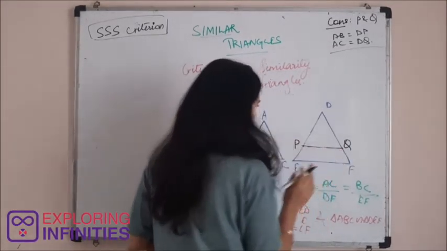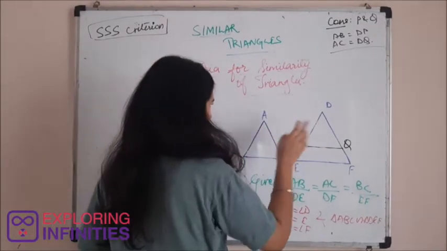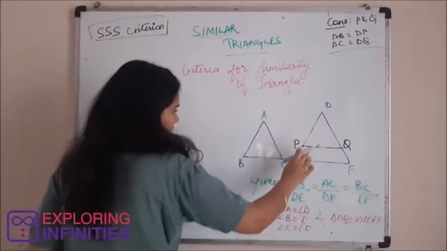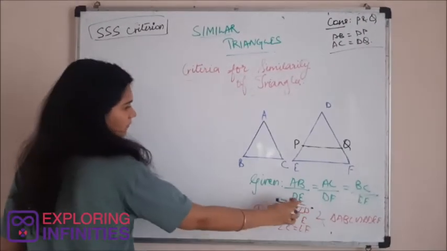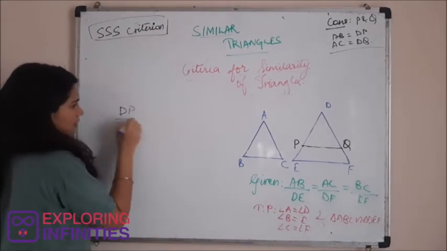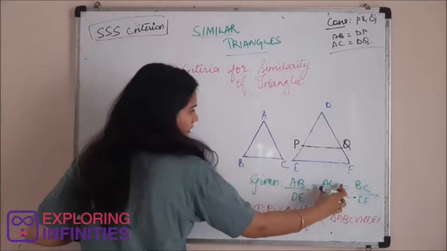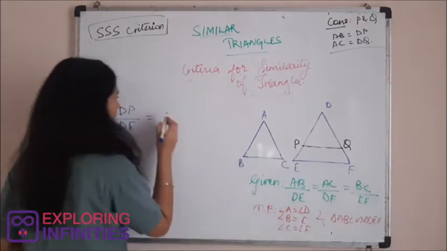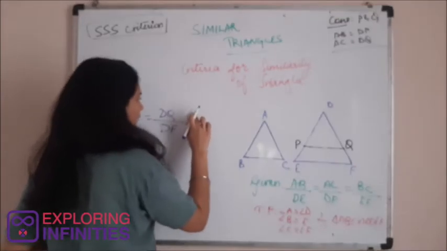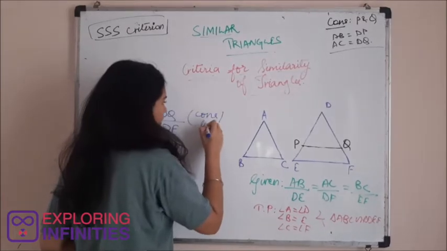Now we already know that AB is equal to DP, so in place of AB we can write DP here. So what I am trying to say is we can say that DP divided by DE is equal to DQ divided by DF. How can we say this? Because we have constructed it and it is already given.